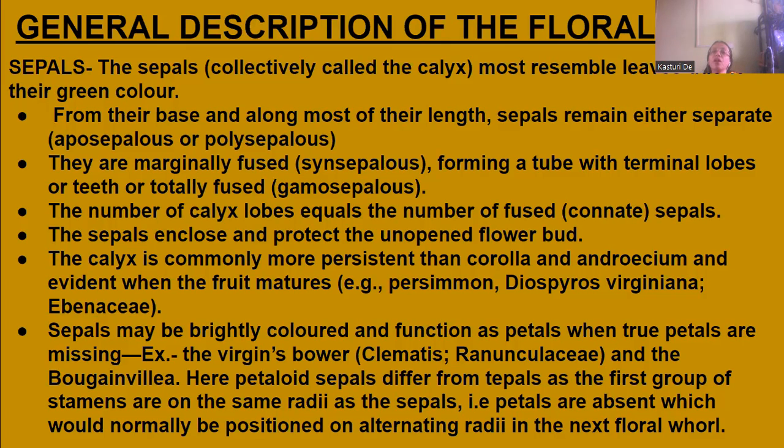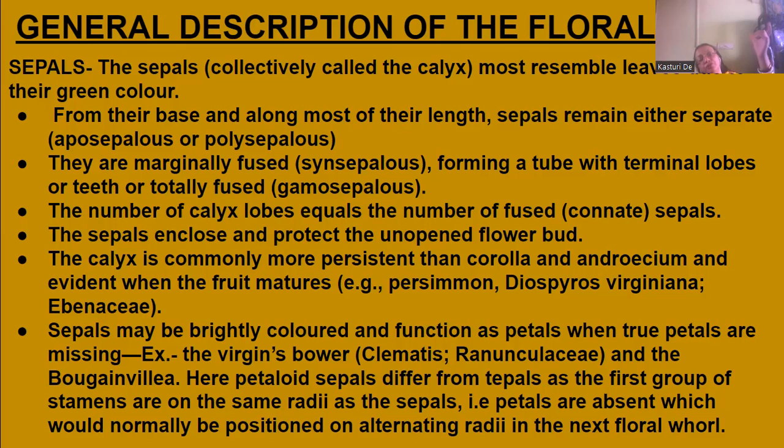Okay. When the sepals are marginally fused to some extent, and then after that they are free, forming a tube-like structure with the terminal lobes or teeth, or totally fused. When they are marginally fused, they are known as synsepalous. S-Y-N, synsepalous.